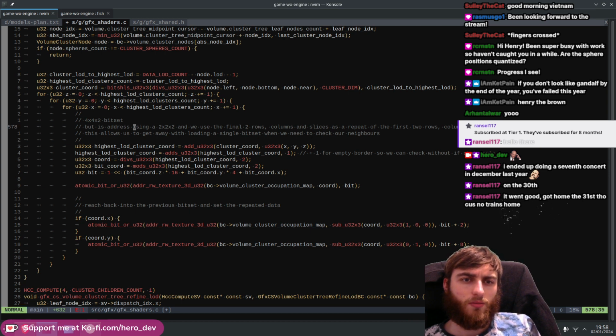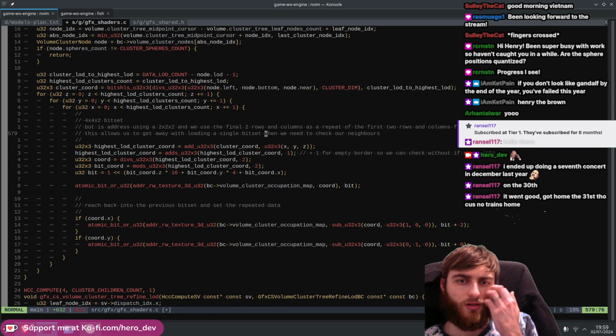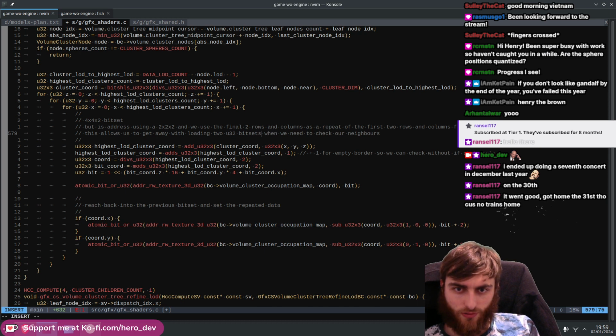But it is addressed using a 2x2x2, and we use the final 2 rows and columns as a repeat of the first 2 rows and columns from the next bit set. This allows us to get away with loading 2 U32 bit sets when checking our neighbor clusters, right? That's pretty cool.